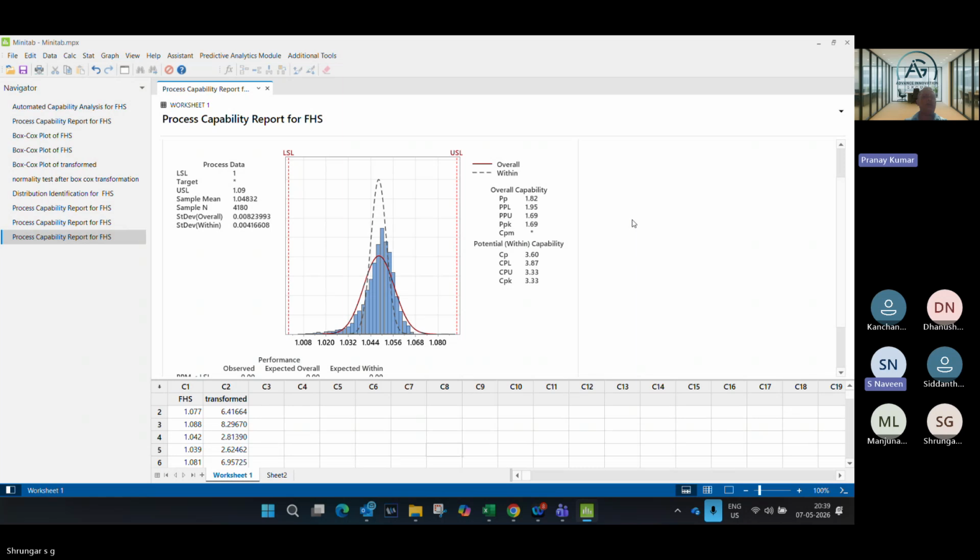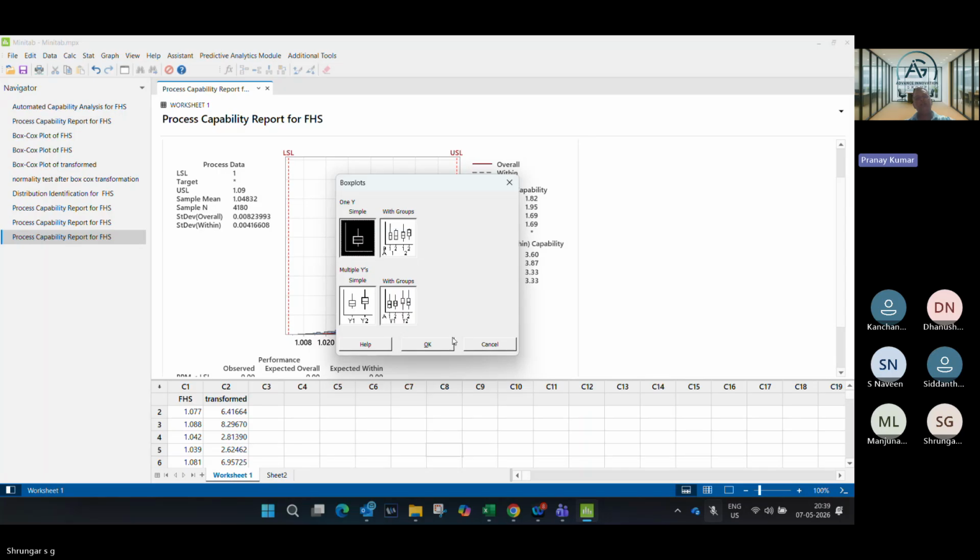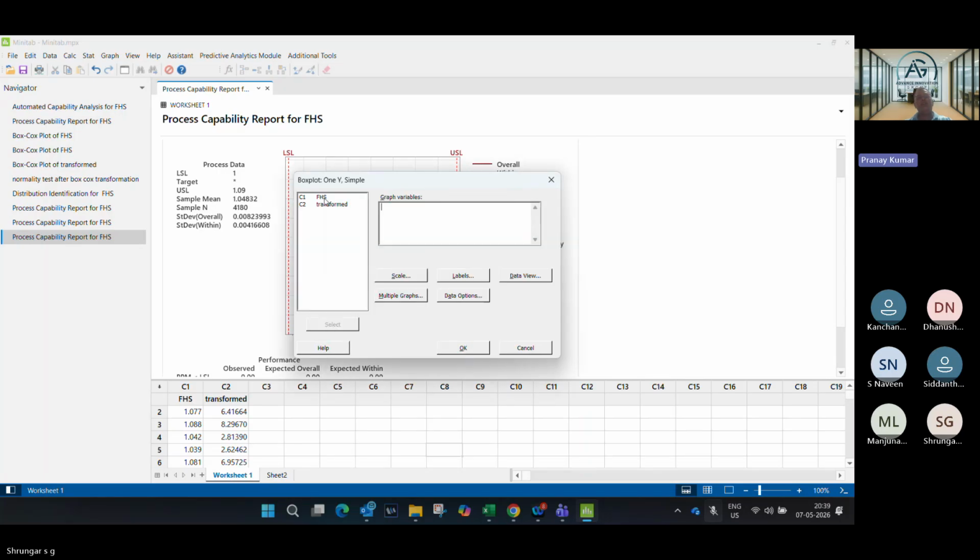One basic difference is that in short-term data, we remove the special cause variation. Please realize that the moment I remove the special cause variation from your data, some mistakes are already taken away. One day your machine did 1.25 against a target of 1.09 to 1, and you know why it happened. In such cases, we say remove that data. It does not make much sense, but we still do it.